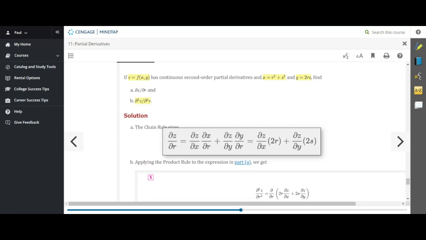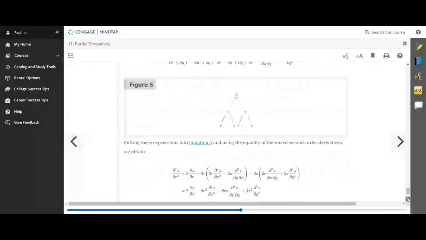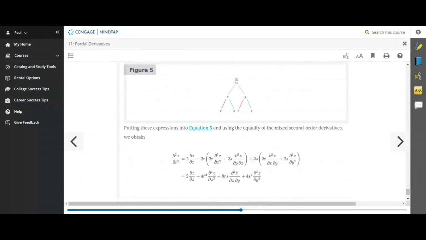And you'll notice that in the formula here, you have partial derivatives of z with respect to x and z with respect to y. Well, one thing you have to recognize is that the partial derivative of z with respect to x is itself, since z is a function of x and y, a function of x and y, and x and y are in turn functions of r and s.